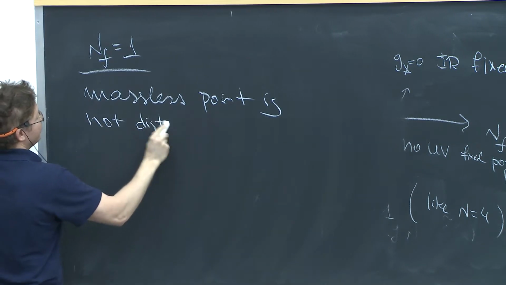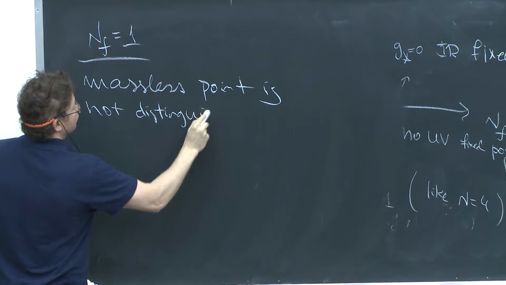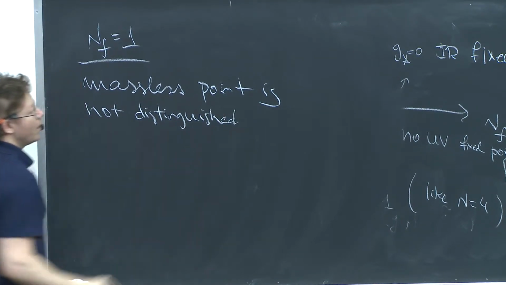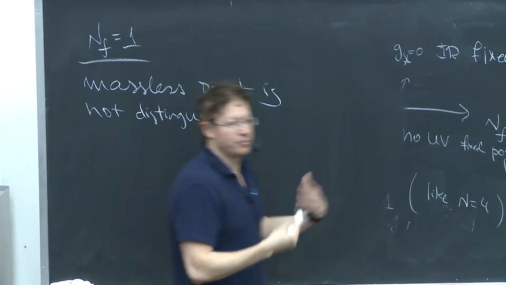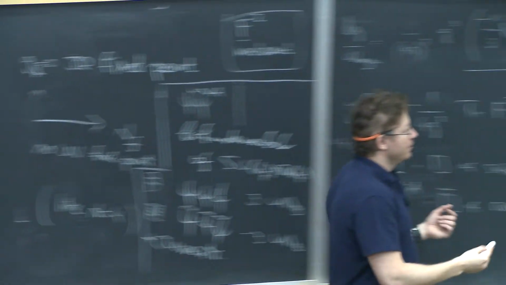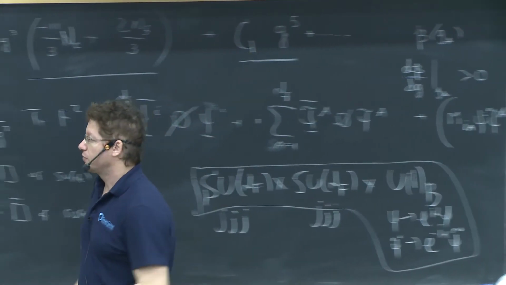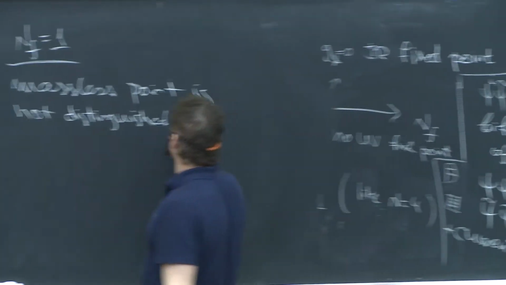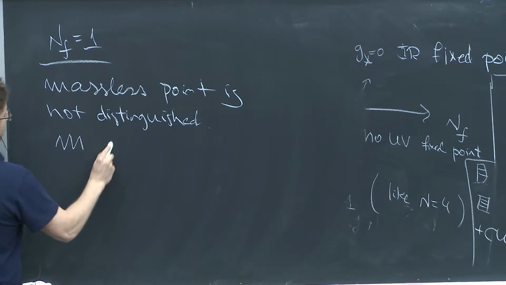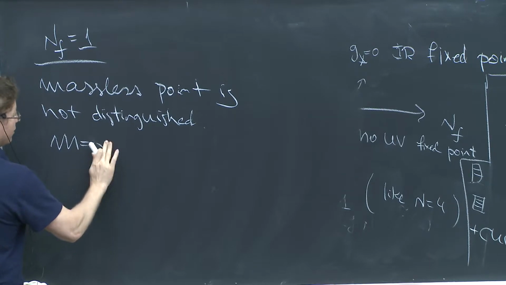So it doesn't really make sense to ask the question, what happens to the theory when the quark is massless? Because there is no such thing as massless. The notion of massless is actually not renormalization group invariant. There is additive renormalization, so M is not well defined. So M equals 0 is not well defined.